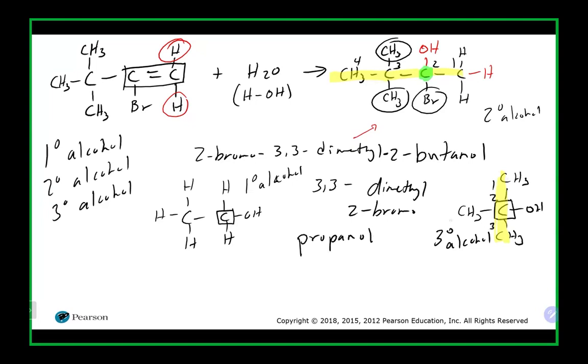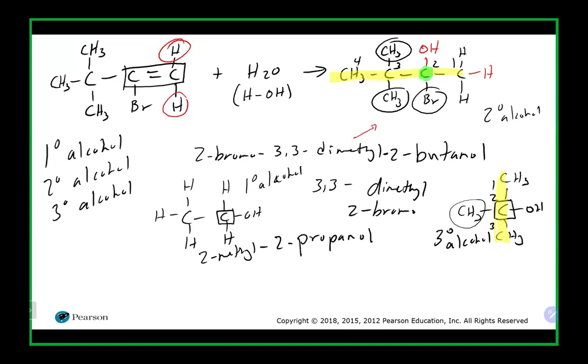So that is 2-propanol. If the methyl group wasn't there, that would be rubbing alcohol or isopropyl alcohol. But in this case, because there's a methyl group at carbon number 2, this would then be 2-methyl-2-propanol, and that would be the way that you would name that alcohol. Questions on that? A little alcohol preview-ish.